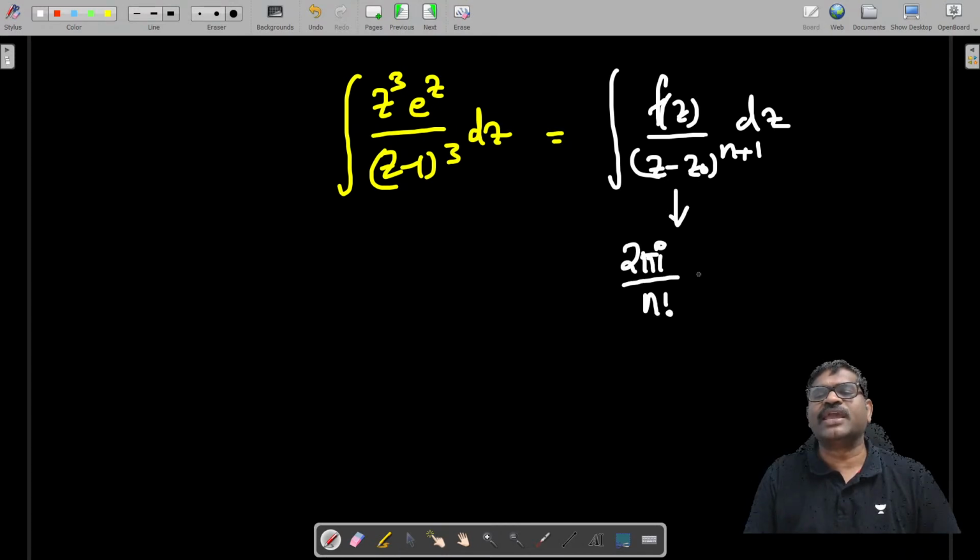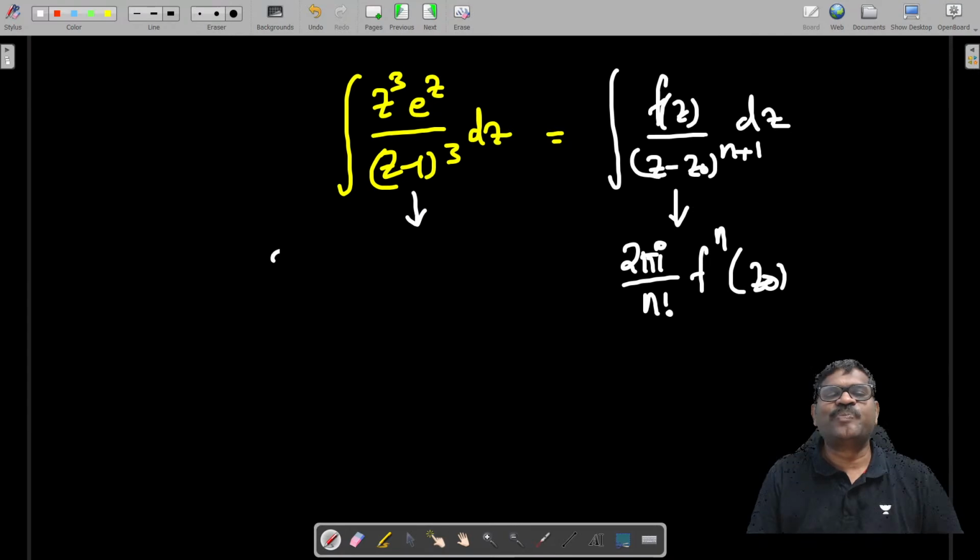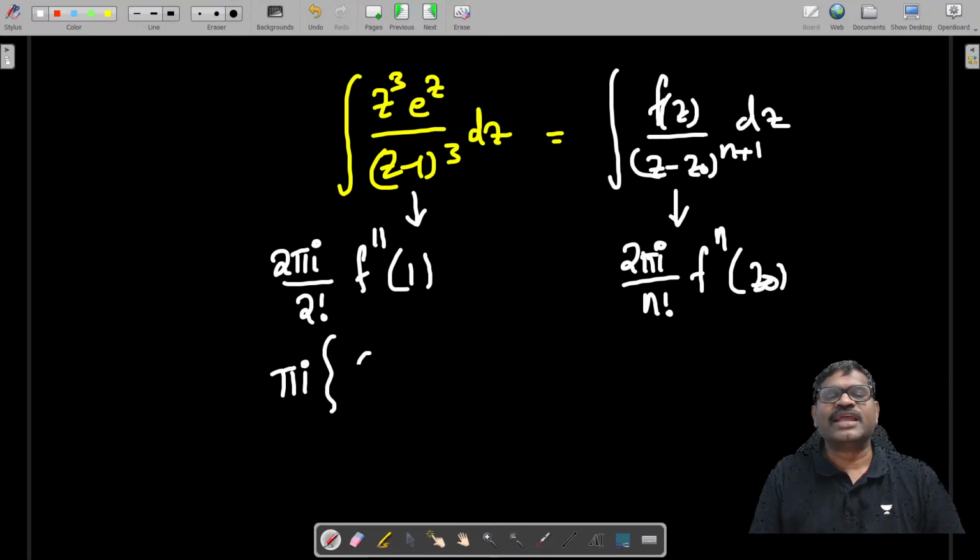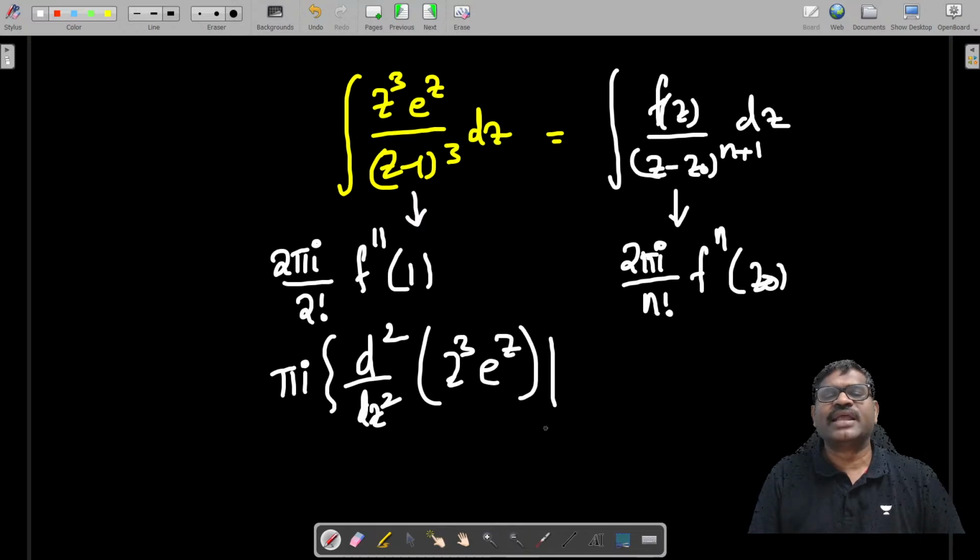2 pi i by n factorial into f power n of z naught. Here 2 pi i by 2 factorial into f double dash of 1. 2 pi i by 2 factorial is pi i, d square by dz square of z cube into e power z at z equal to 1.